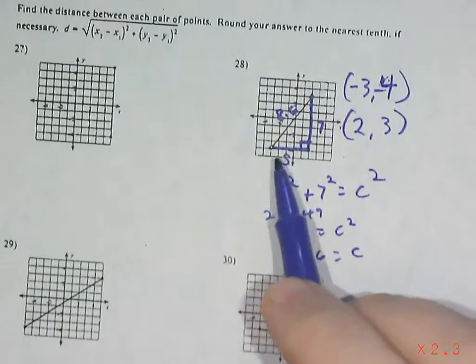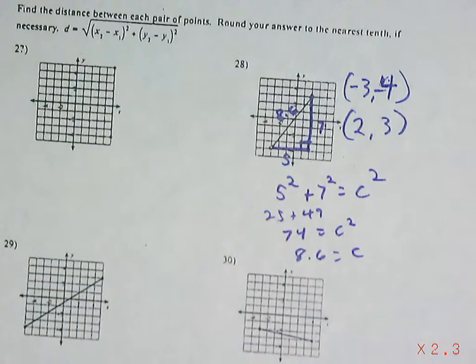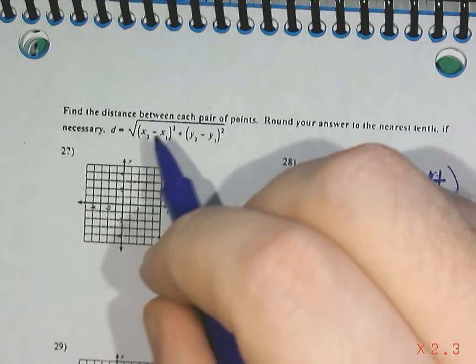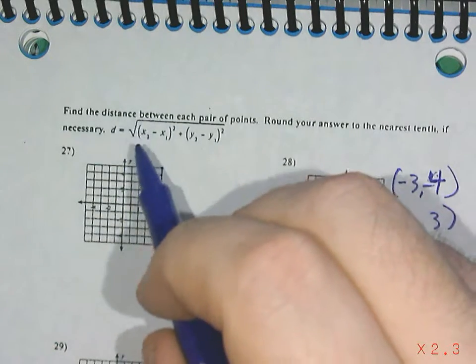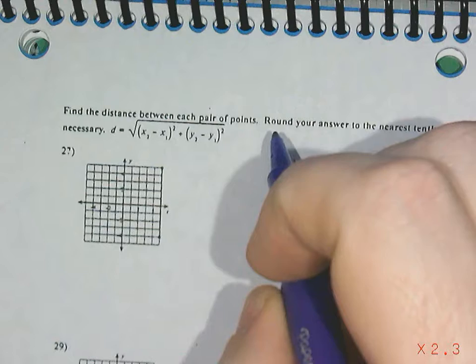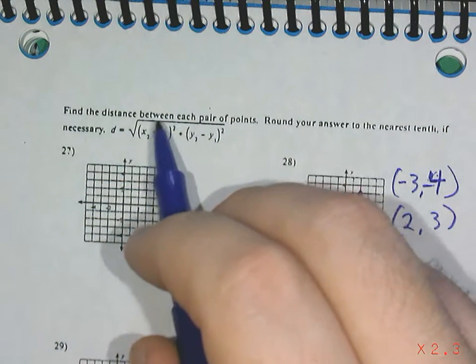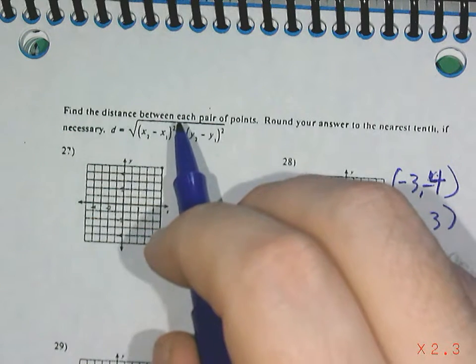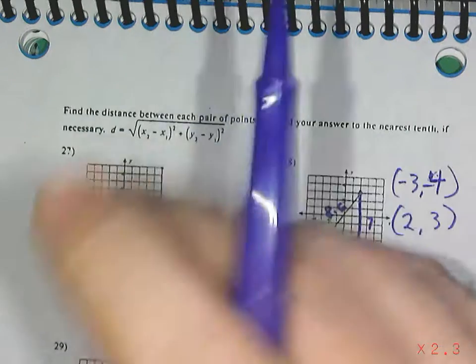So if I look here, one of these legs is going from left to right, right? Left to right, or horizontal, is my x-axis. If I break down my distance formula, we always do the square root last, right? So inside here, what we have essentially is my x coordinates subtracted and then squared, and then added to my y coordinates subtracted and then squared.